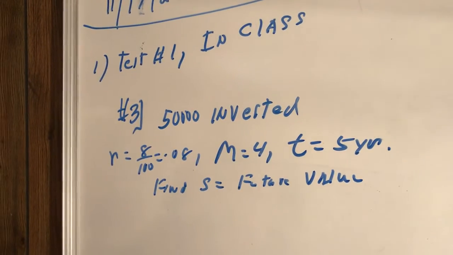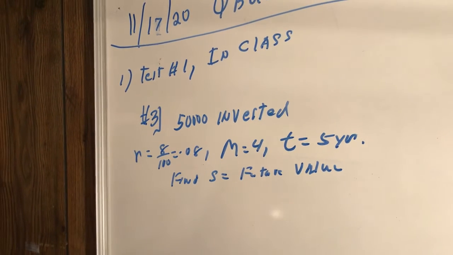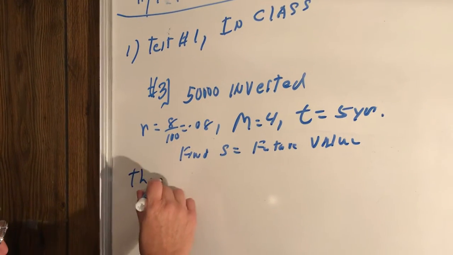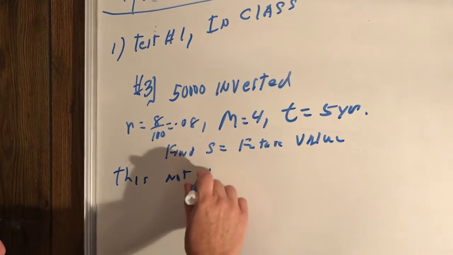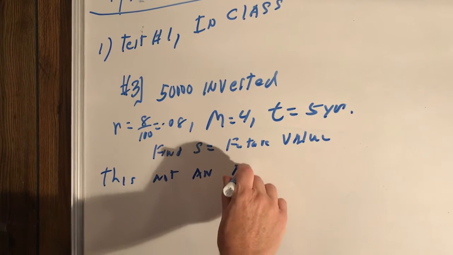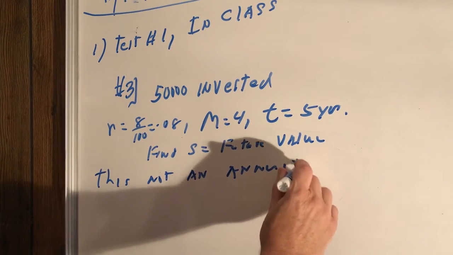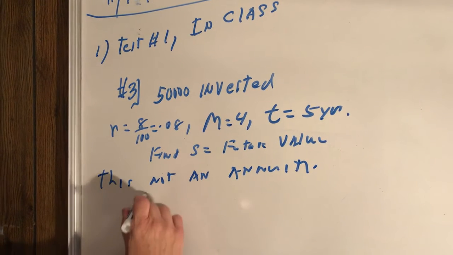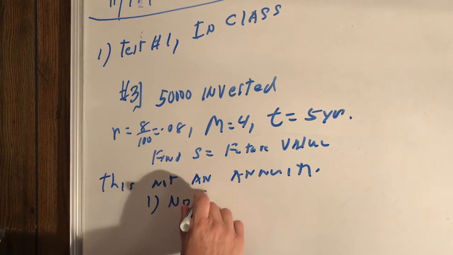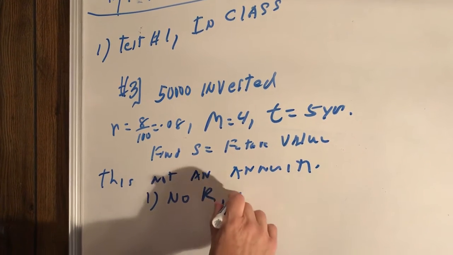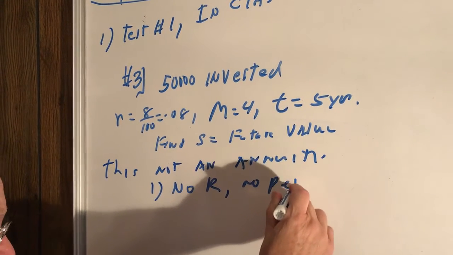Now, a number of you look at this as an annuity. This is not an annuity. There's no R, there's no periodic payment.